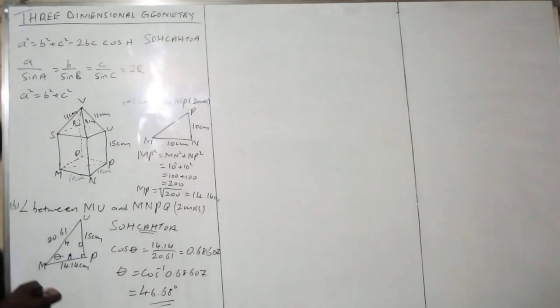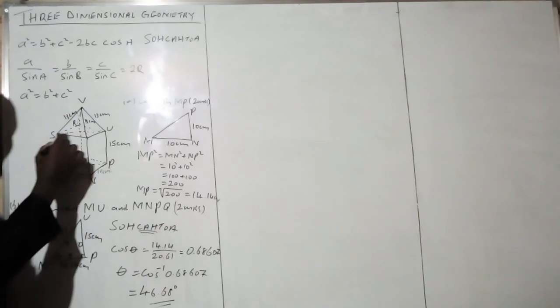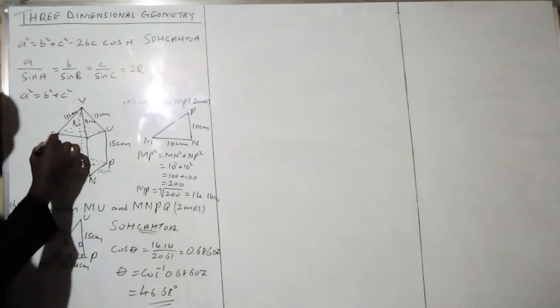Then next, length VO. O was at this point. Then we have SU, and between it we have X. We can say we have X between SU.